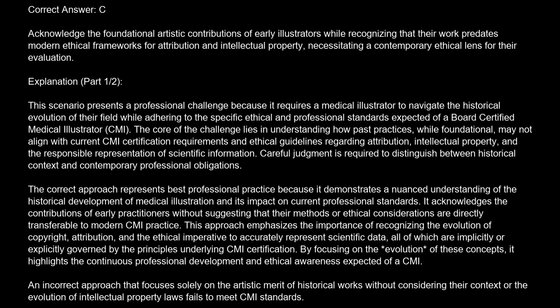This approach emphasizes the importance of recognizing the evolution of copyright, attribution, and the ethical imperative to accurately represent scientific data, all of which are implicitly or explicitly governed by the principles underlying CMI certification. By focusing on the evolution of these concepts, it highlights the continuous professional development and ethical awareness expected of a CMI.